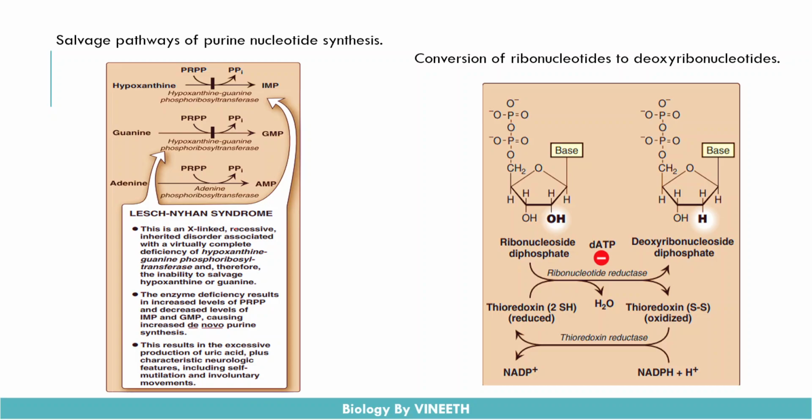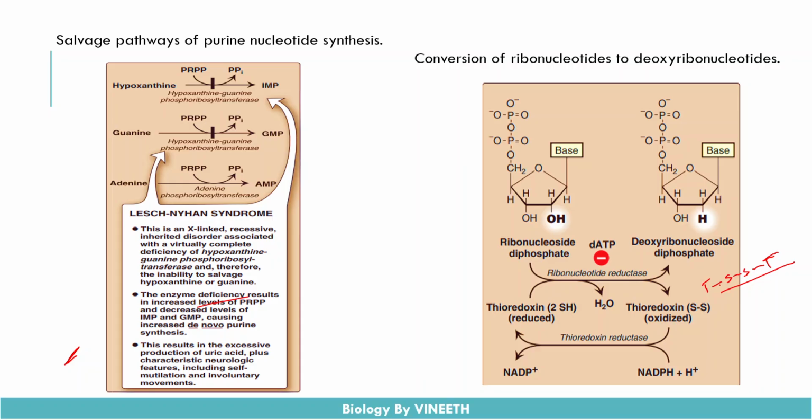This thioredoxin protein is a dimer. When thioredoxin is in the oxidized form, it exists as T-S-S-T, the oxidized form of thioredoxin.